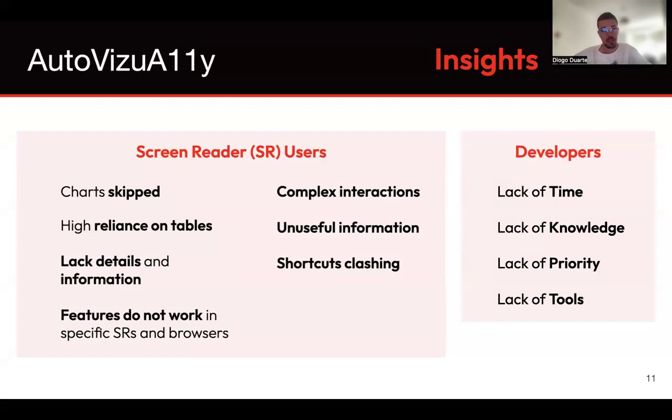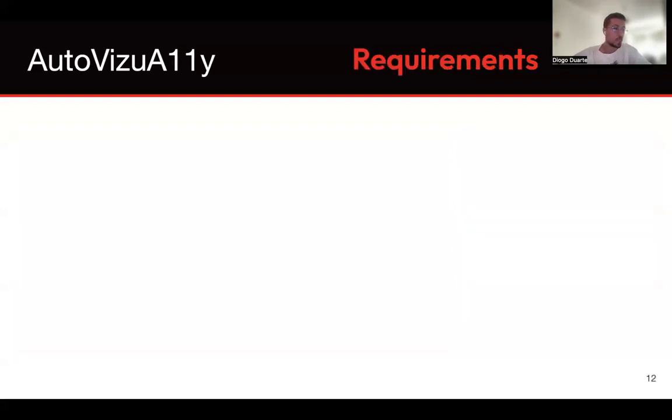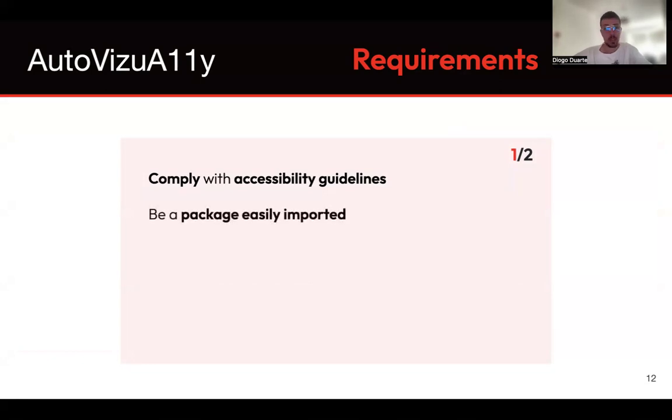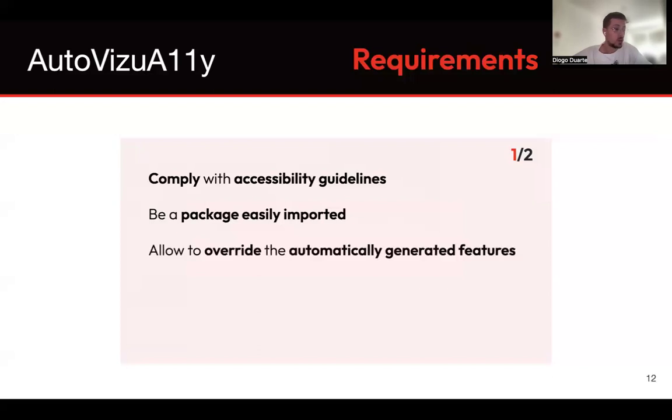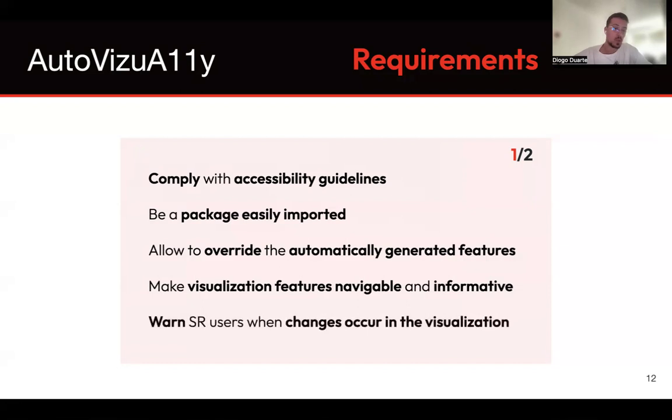So having all of this information gathered, it was defined that this new tool should comply with the mentioned accessibility guidelines, be a package easily imported by the developer, allow one to override the automatically generated features, which we do provide, make visualization features navigable and informative to screen reader users, and warn these users when changes occur in the visualization.